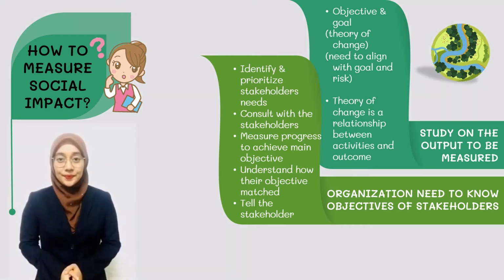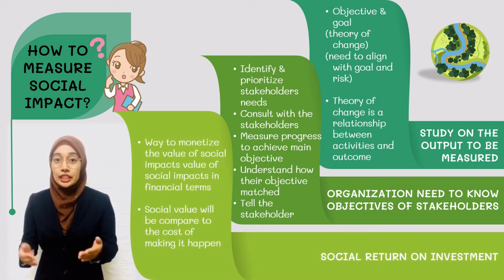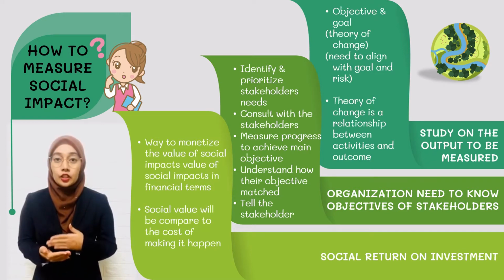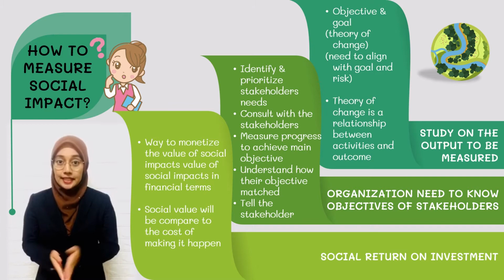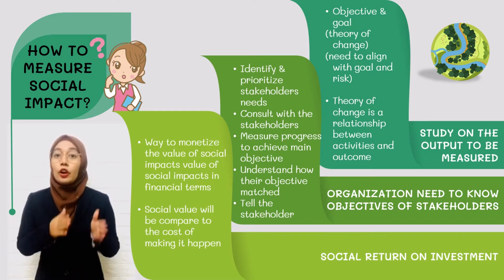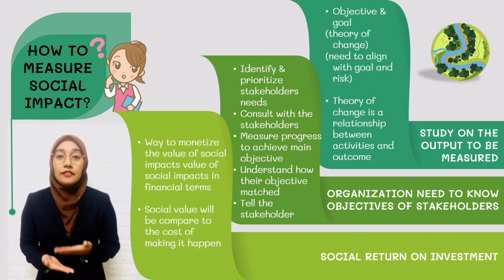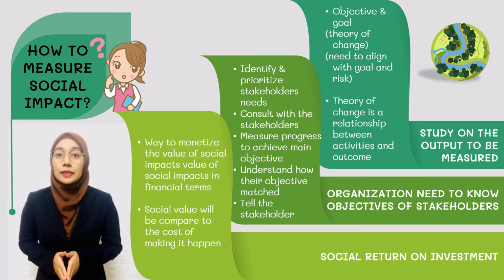The third way to measure social impact is by doing the social return on investment analysis. It is a way to monetize the value of social impacts of an organization's activity or program in financial terms. It is when the social value will be compared with the cost of making the project happen. For example, the investors look for evidence of the social impact that results from their investment in the project.